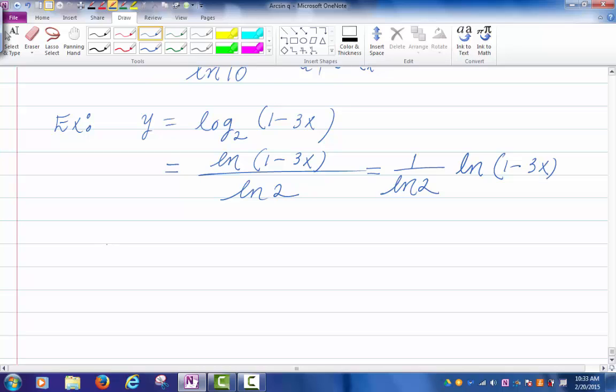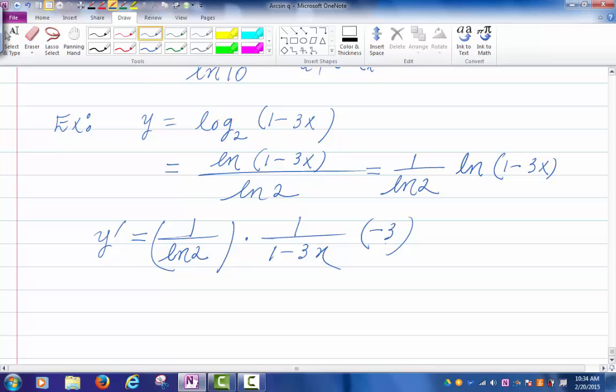So now, if I take the derivative, 1 over ln of 2 is fixed, and I take the derivative of ln of 1 minus 3x, which would be 1 over 1 minus 3x multiplied with negative 3. Are we okay with what I just said?